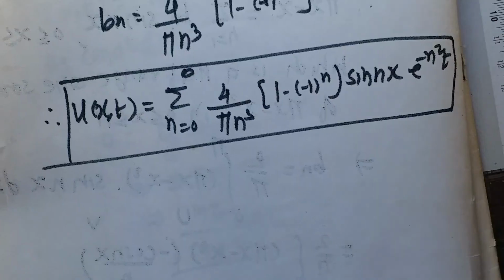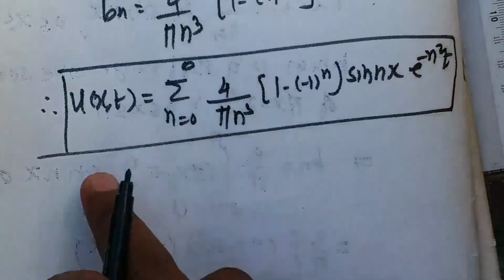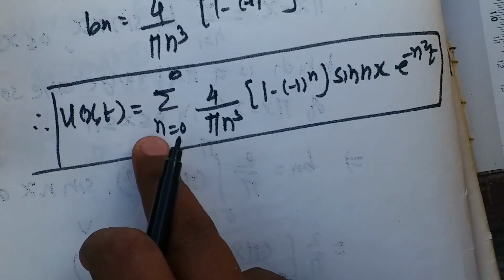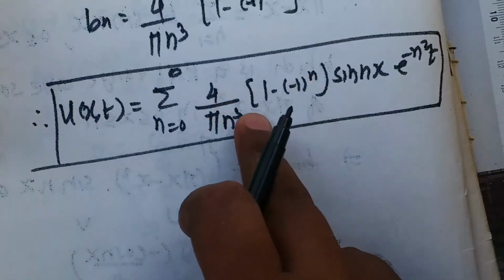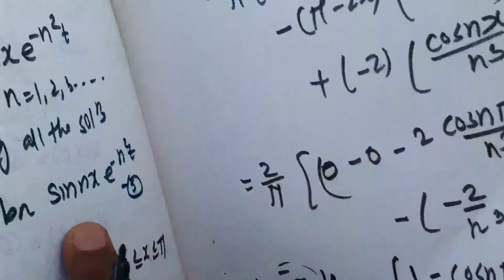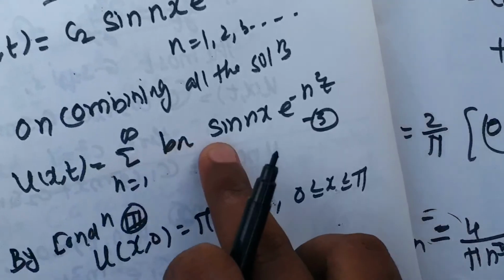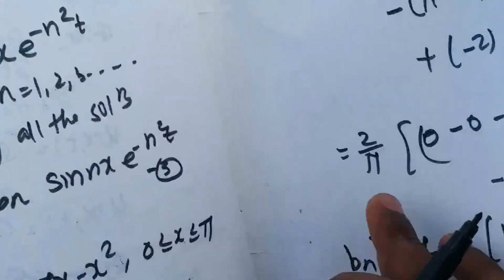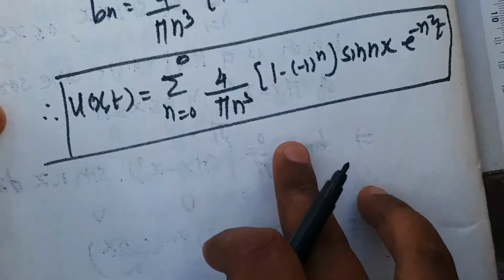Okay, and after using the value of bn in that series, u of x comma t will be summation n ranges from 0 to infinity, bn into sin nx into e raised to minus n square t. In this equation we finally put the value of bn in the series we obtained after combining all the solutions. This is the final answer.